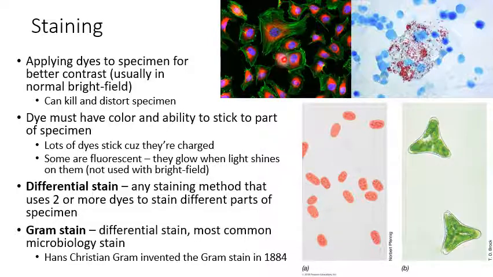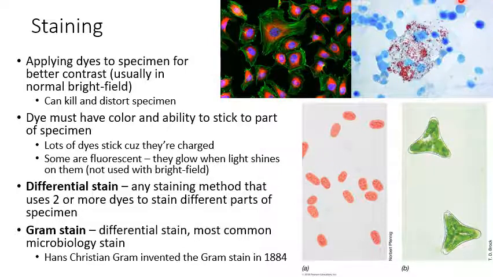The blue one is showing the nucleus of each of these cells. Then you have another that's red, showing ribosomes of the cells. And then you have another in green that's showing the cytoskeleton, which gives you kind of the basic shape of the cell. So differential stains can let you see more information and more detail about the specimen.